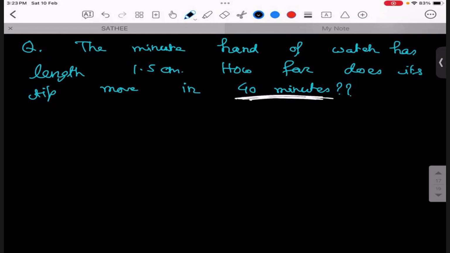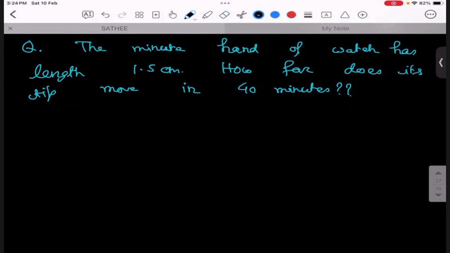So don't get confused if they give 40 minutes. Usually, when we represent an angle with respect to minute, we write it in a different notation. That's why the notational difference is there. It is given as time.